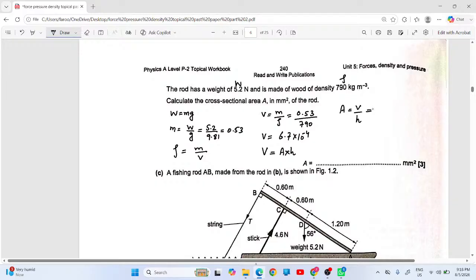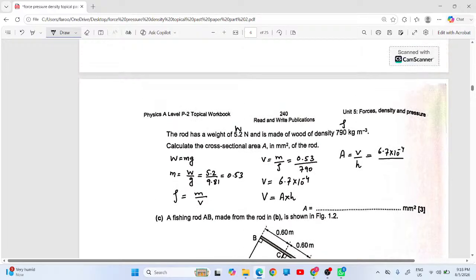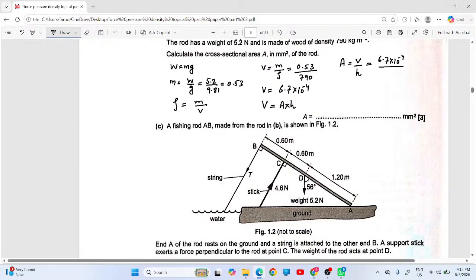So volume is 6.7 into 10 raised to power minus 4 over length, कितनी 2.4. Height in this question is the length, which is 2.4. Check करें क्या आता है आंसर. Important है ये.